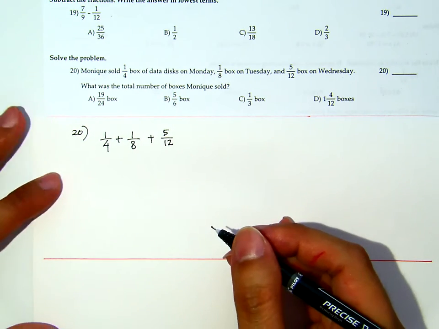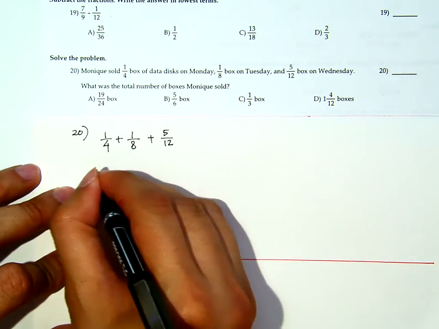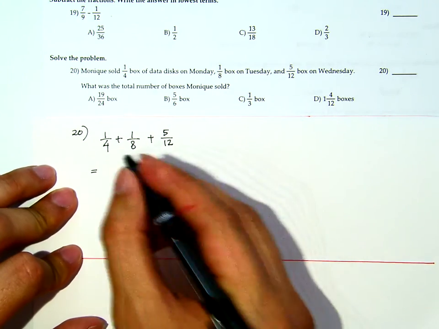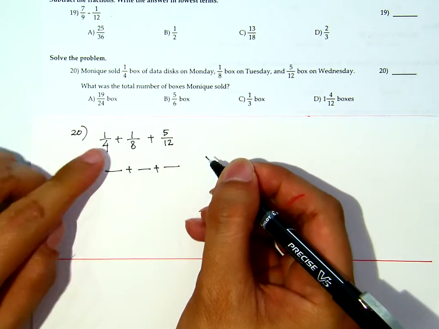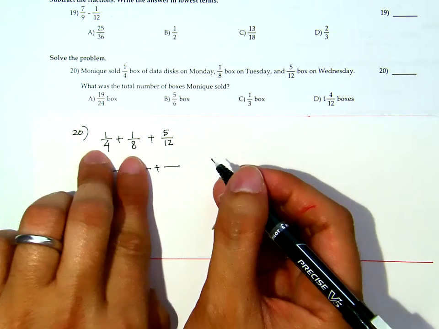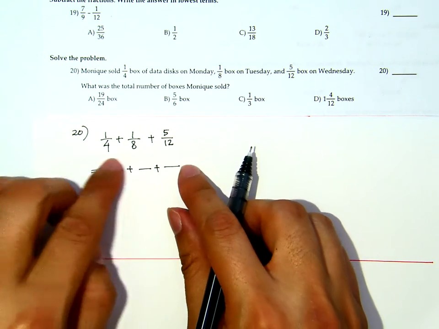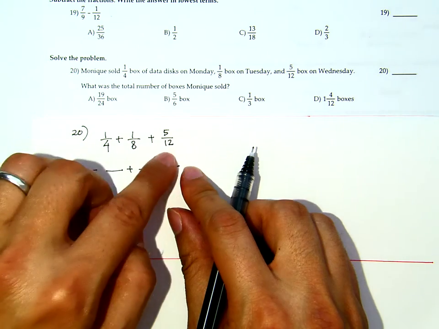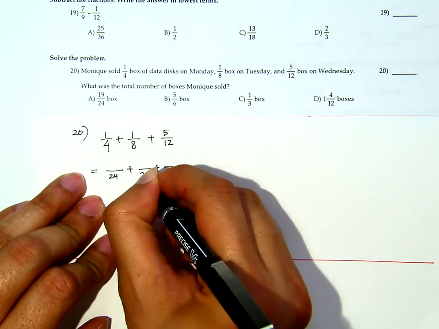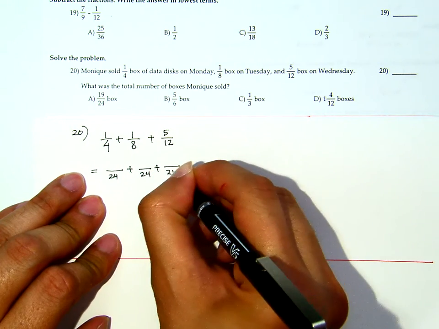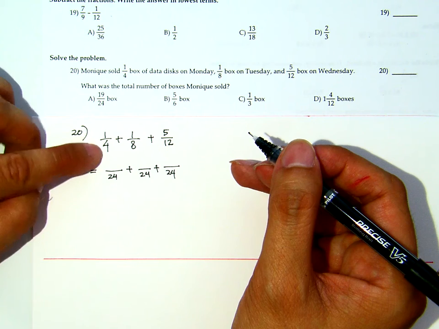Now, how do we add these? To add fractions, you need the least common denominator. The LCD of 4 and 8 is 8, and the LCD of 8 and 12 is 24. So I put 24 on each of the fractions, and then I do equivalent fractions.